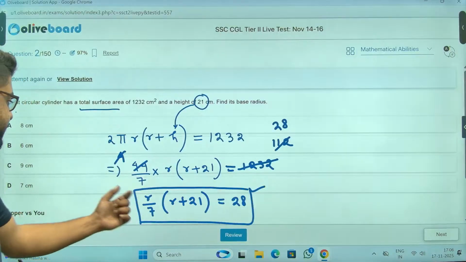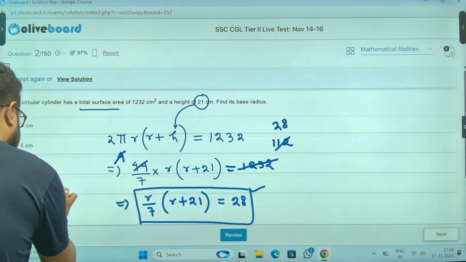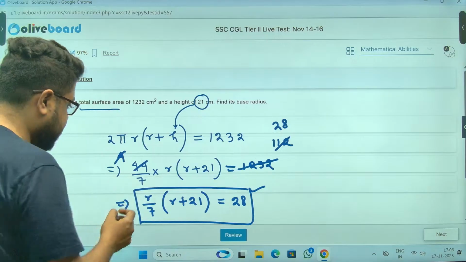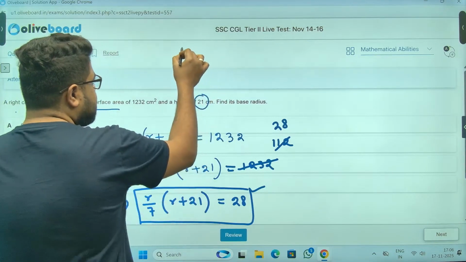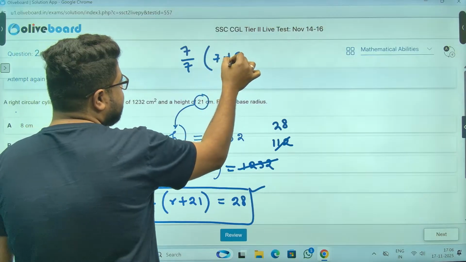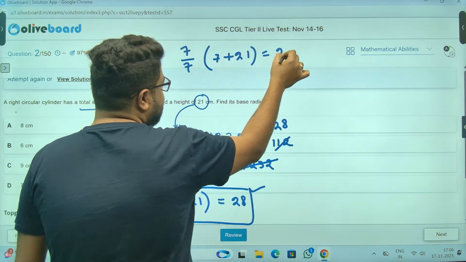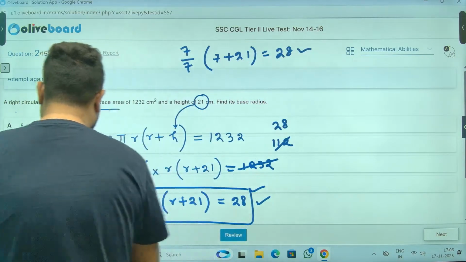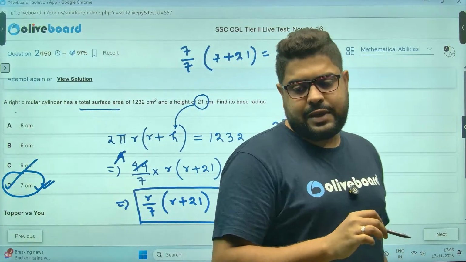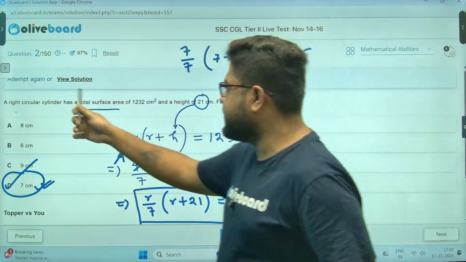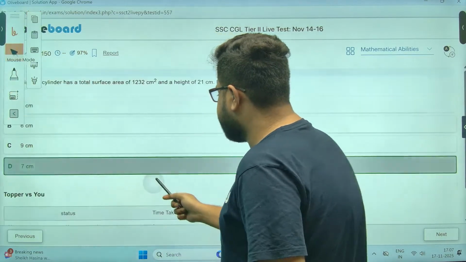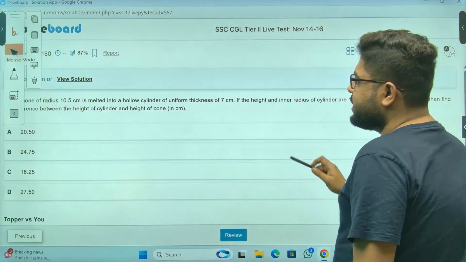Let's try 7, because there is a by 7. If I put 7, then 7 by 7 into 7 plus 21 is definitely 28. So 7 satisfies this equation. My answer is most definitely option D, which is 7 centimeters.